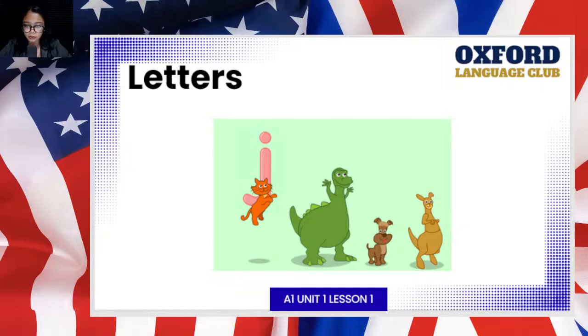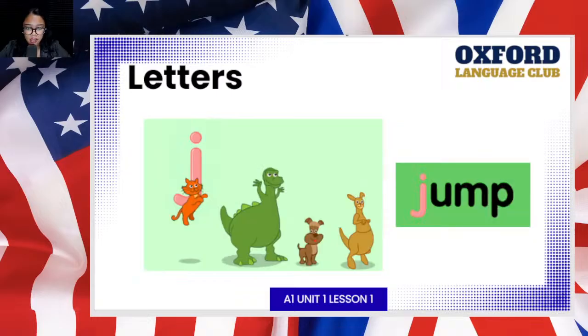Next, another word. What is the cat doing? The cat is jumping. So this is jump. Again, what is our letter? Letter J. How do we pronounce it? G. What is our word here? Jump. Okay.